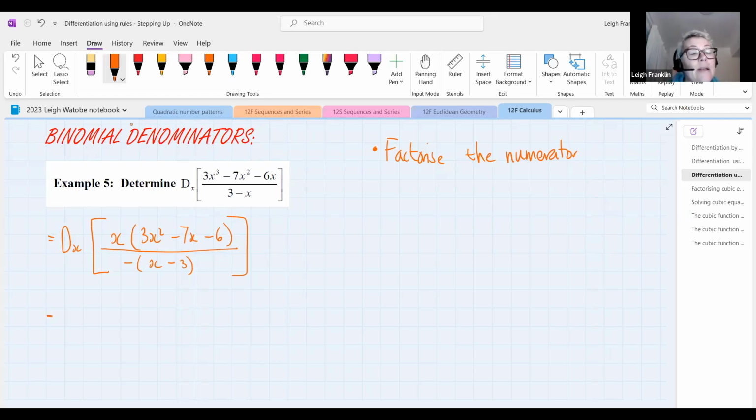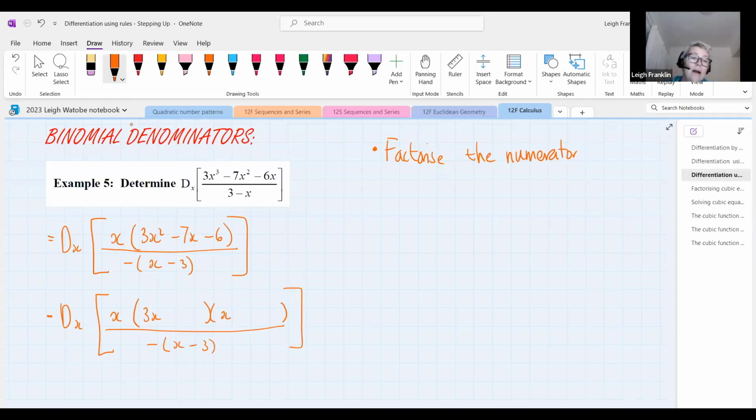Now I need to factorize my numerator further. That trinomial over here can be factorized. So I'm going to have 3x over here, and 1x over there, and then that's all going to be over minus x minus 3 as follows, keeping my square brackets.